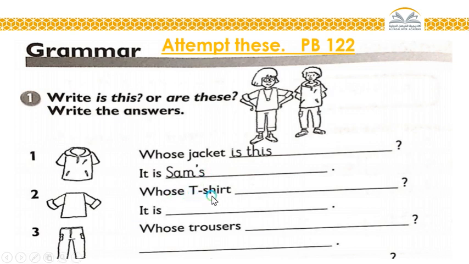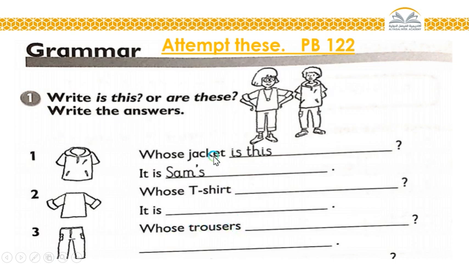Whose t-shirt? Do you have s here? No. So is this singular or plural? What do you think? Of course it is singular. Whose t-shirt is this? It is Tilly's. Alright? So whose trousers? Remember you have s.